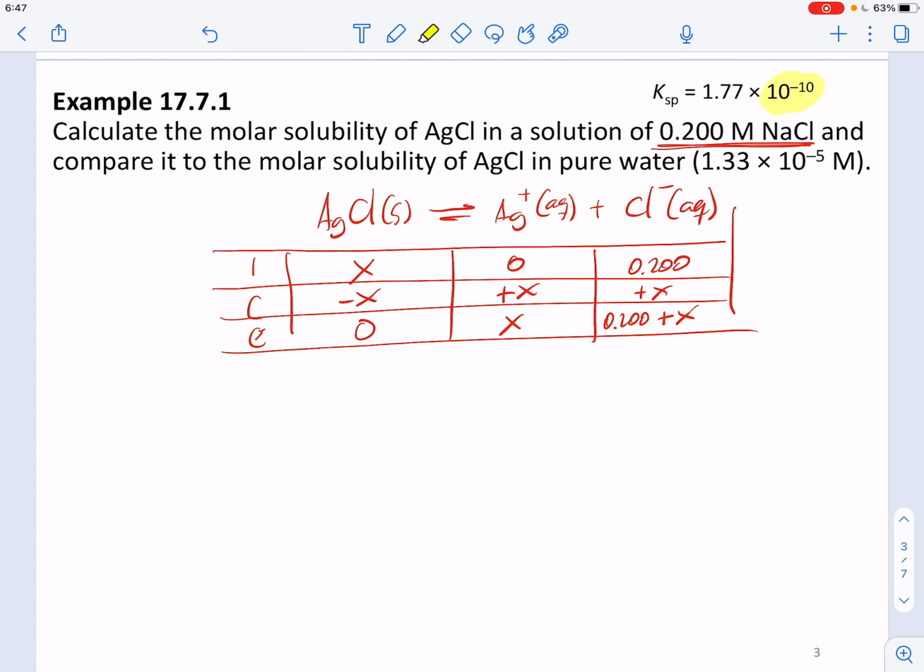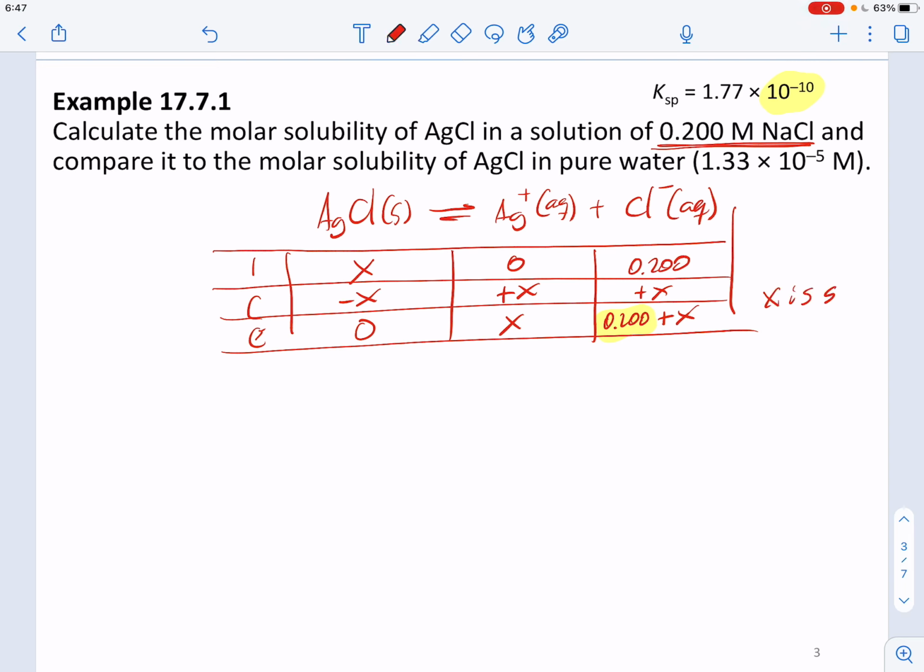Okay, so now we can compare the Ksp here, which is 10 to the negative 10, and then we can pretty much say the same thing. When you compare that to the initial concentration, it's rather small. Okay, so it's a very little amount that is going to be dissolved. So we can assume that x is small here.